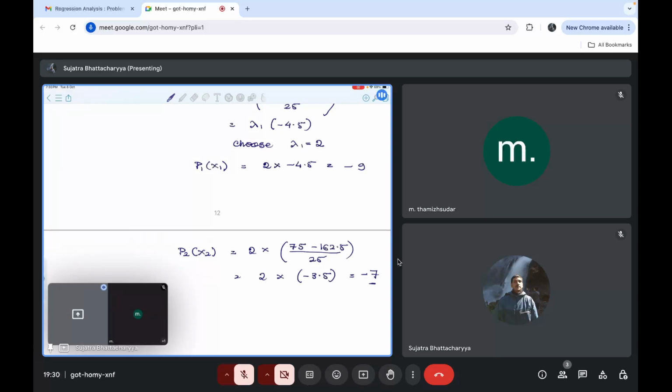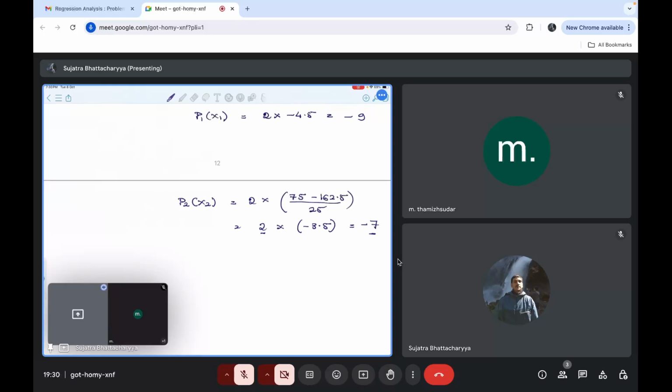You will always get integers if you choose the same lambda. Next, x3 is 2 times 100 minus 162.5 divided by 25, that is 2 into minus 2.5, so it is reducing by 1 and will be minus 5.